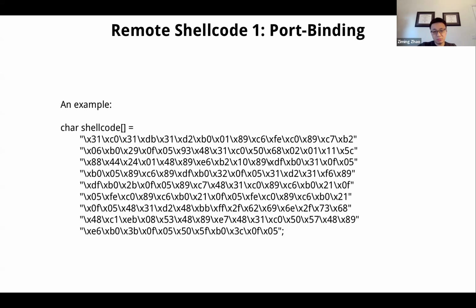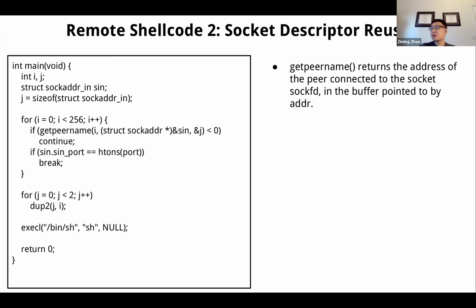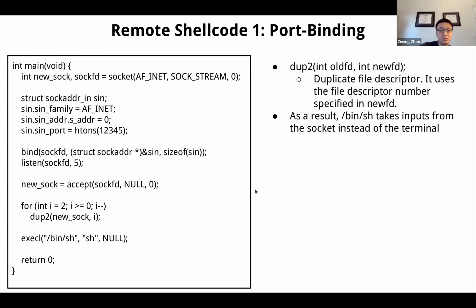Okay, so this is an example shellcode with similar logic. It's about 120 bytes or so to do this port binding. The previous approach still has some disadvantages. For example, in the previous example, we reserve a very big port number, and we are listening at that big port number.